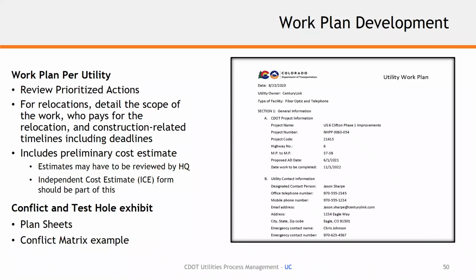And so, yeah, we're leveraging a lot of data from the plan sheets, the conflict matrix example, and pulling that into this work plan. But at the end of the day, the utility coordination side is using this to document everything, the expectations, the roles, responsibilities, and ultimately this could be used as a non-compensable agreement, because the intent is to have everybody sign off on it at the end of the day, so that we all understand the expectations moving forward from here.